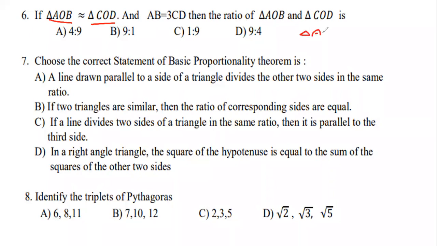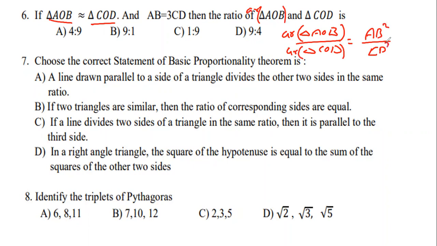As usual, I think this is area, but they missed it here. The ratio of AB divided by CD. Again, this is area, I think. Change the question.